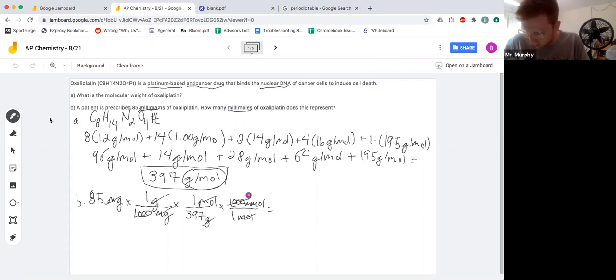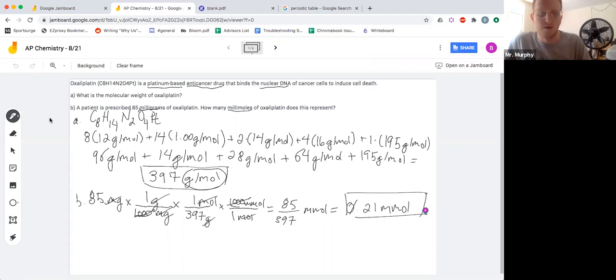Easily cancel those out. So what we're left with is 85 over 397 millimoles, which is equivalent to 0.21 millimoles of oxaliplatin.